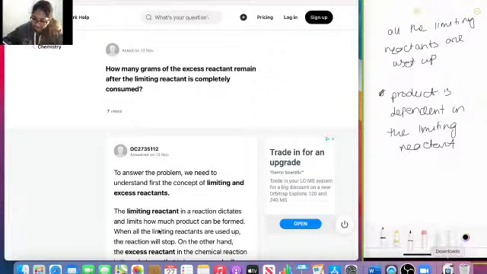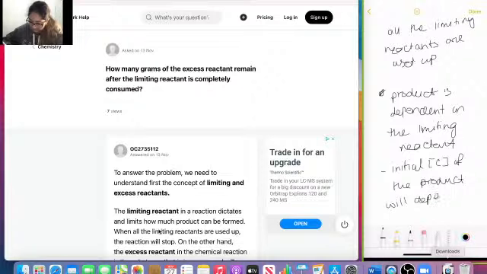So we can say that the initial concentration of the product will depend on the excess reactant.